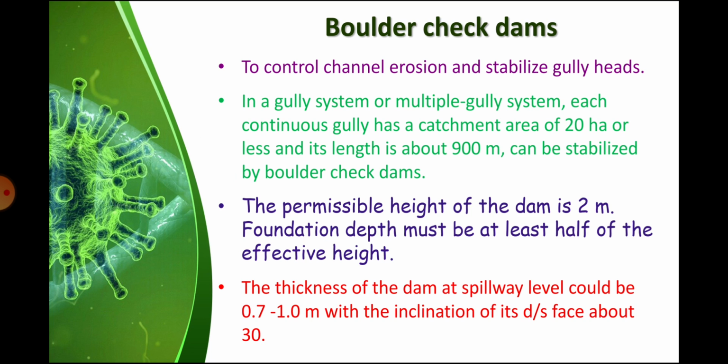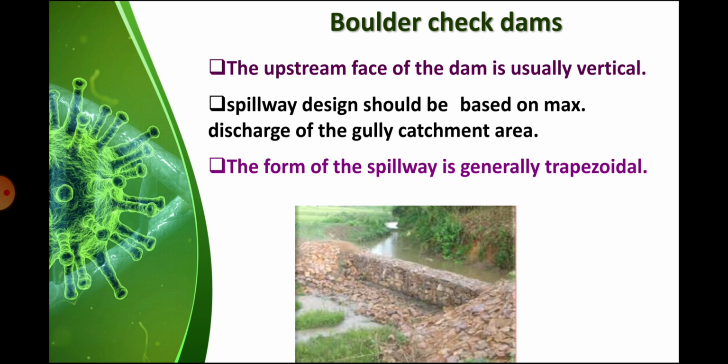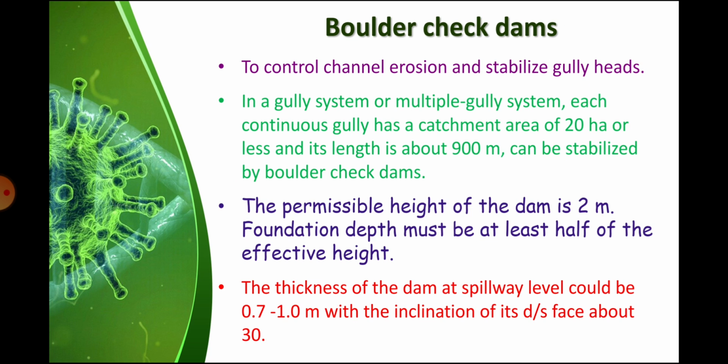Now boulder check dam. Before going into detail, I will show you the figure. This is the kind of boulder check dam. This could also be used for medium gully runoff, and such dams are a little stout compared to the other structures which we have learned earlier.